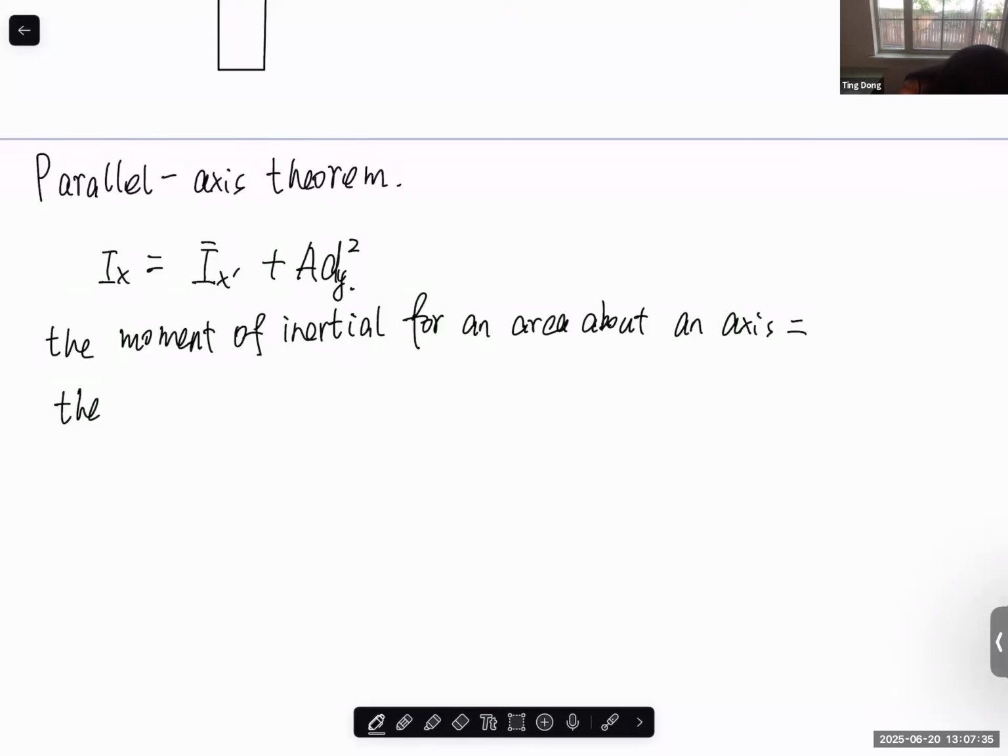So this is equal to the moment of inertia about a parallel axis passing through the centroid.